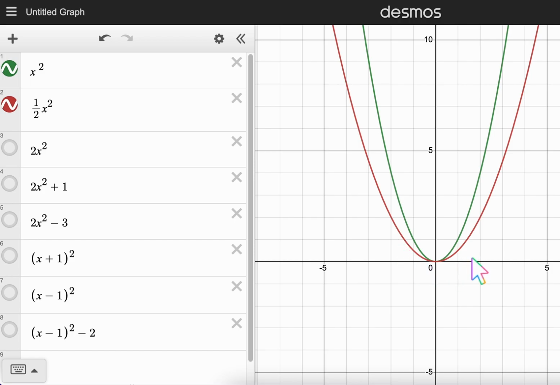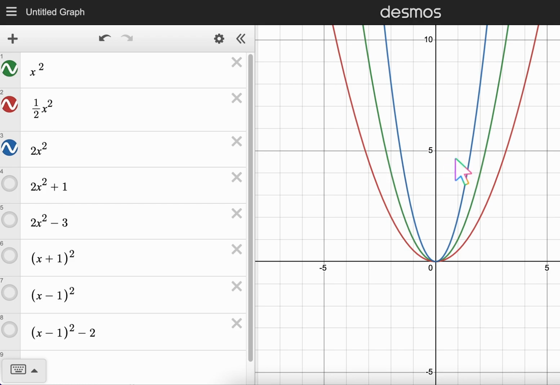I noticed that it got wider, right? Which is interesting because when you think of a fraction, you think of smallness, but it actually got wider. So now think to yourself, if I were to select the y equals 2x squared, how do you think that's going to change your graph now compared to your original green y equals x squared? Okay, there you go.